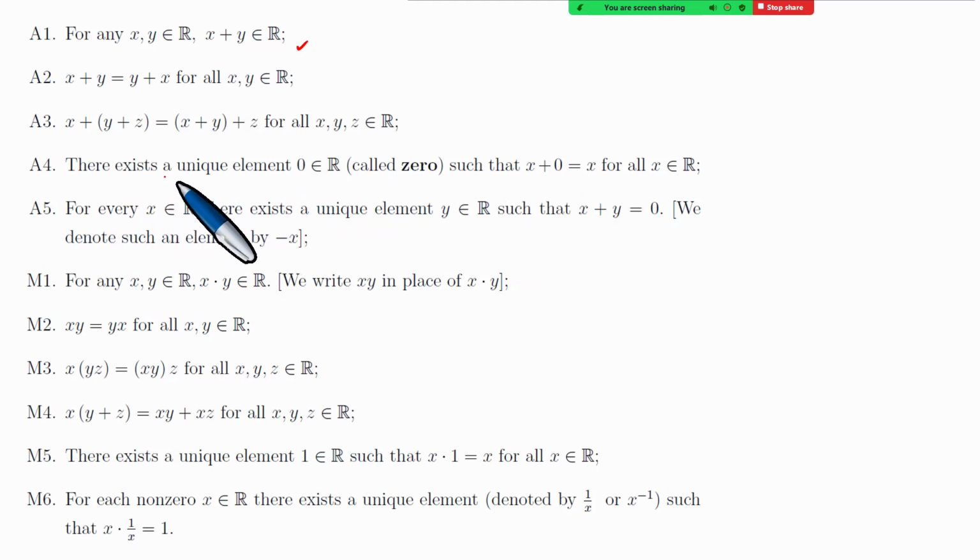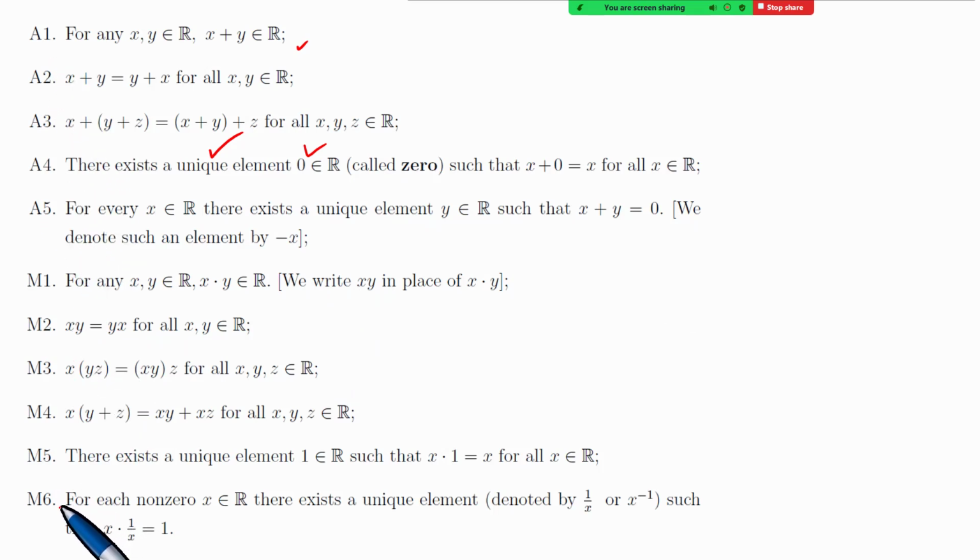We mention the existence of a unique element 0, such that x plus 0 is x for all x in R. After the introduction of the unique element 0, we introduce what we call a unique additive inverse under addition, axiom 5, so that x plus y is 0, but this means that y is minus x.